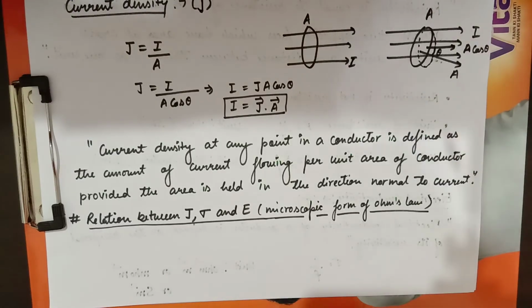Next is the relation between J, sigma and E, which is called the microscopic form of Ohm's law. J is current density, sigma is the conductivity and E is electric field.